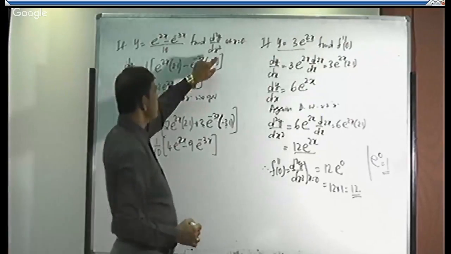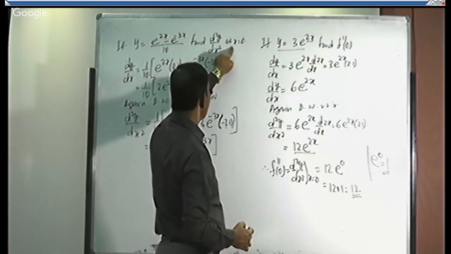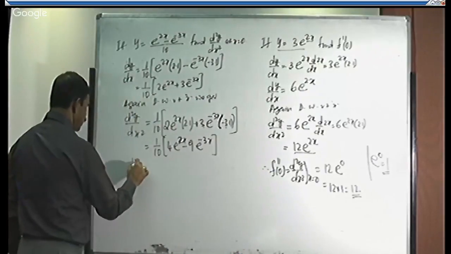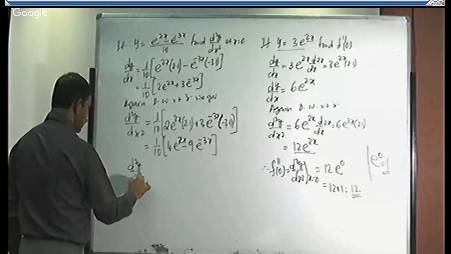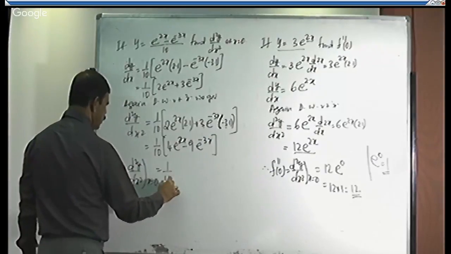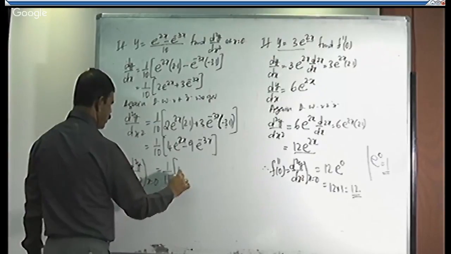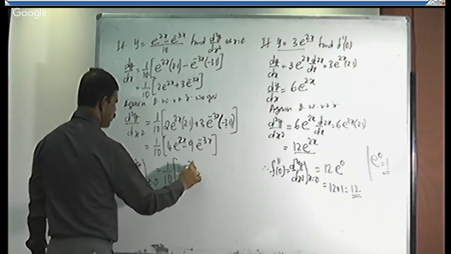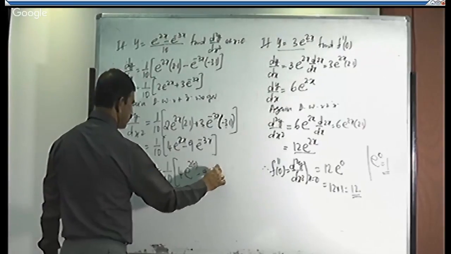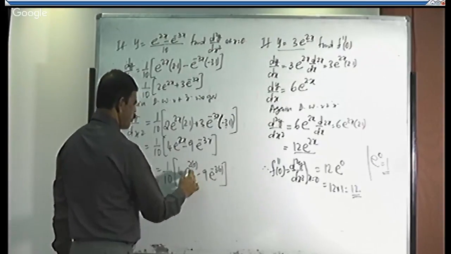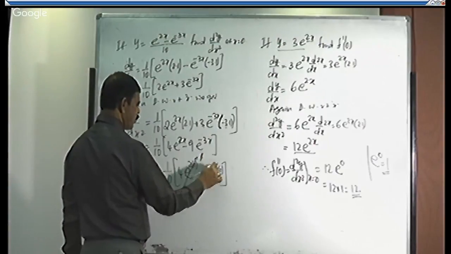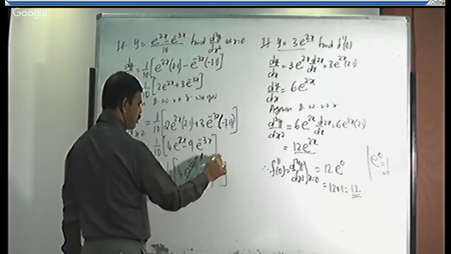But at the end we have to substitute x is equal to 0. Therefore, d square y by dx square at x is equal to 0 is equal to 1 by 10 into 4 into e power 2 into 0 minus 9 into e power minus 3 into 0. e power 0 is 1.